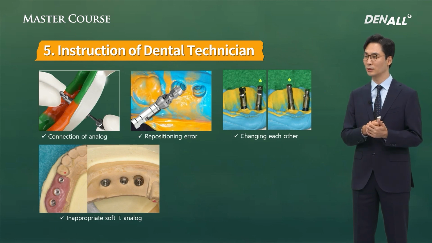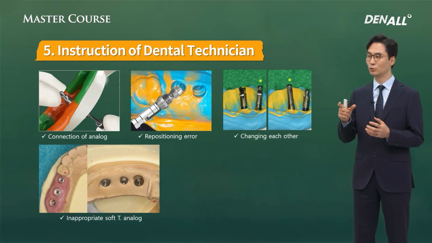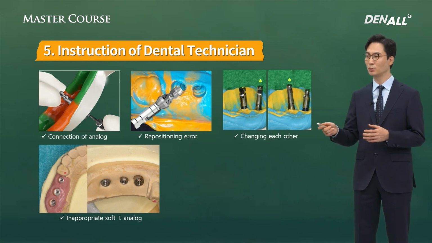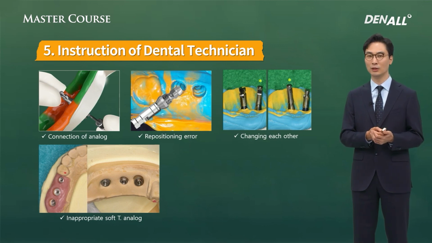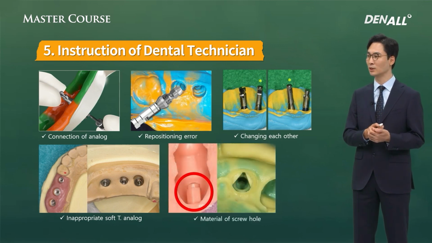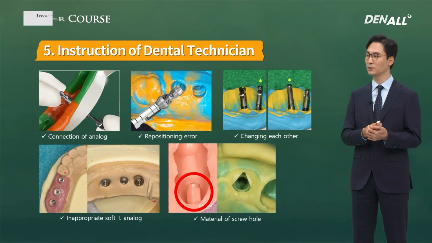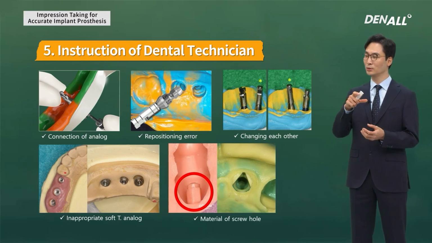When making a soft tissue replica, if the thickness is not appropriate, the implant platform can be submerged within the stone. This is another precaution we should take when making the model after taking the impression. There's another point you need to bear in mind in transfer type coping.